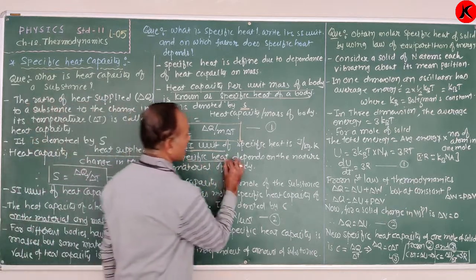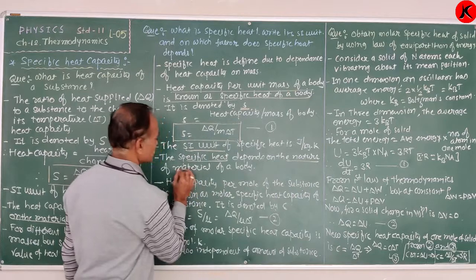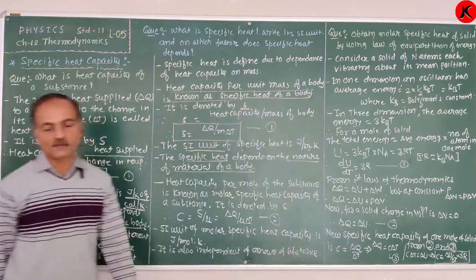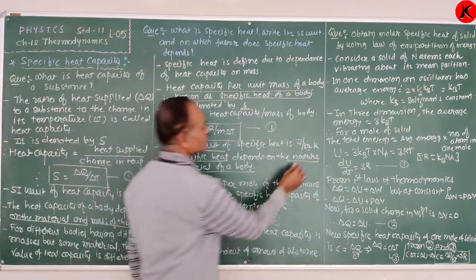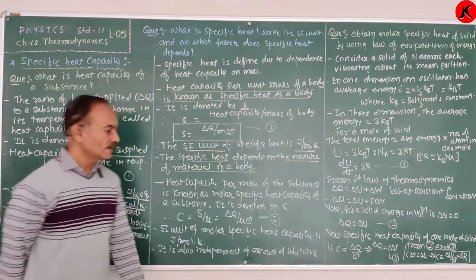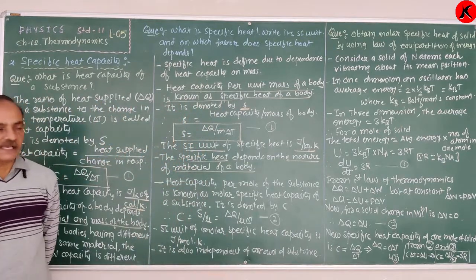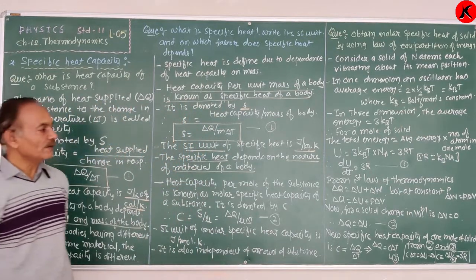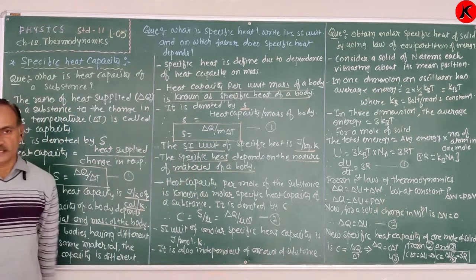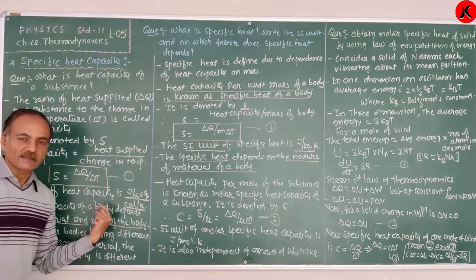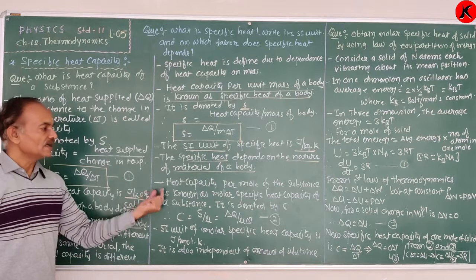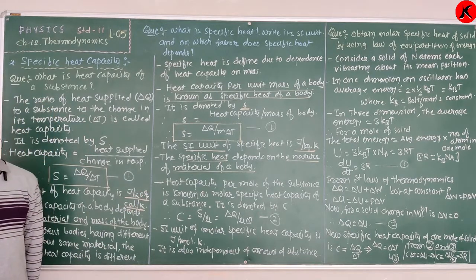The specific heat depends on the nature of material of a body. SI unit is joule per kg into Kelvin, and specific heat depends only on the nature of material, while the heat capacity depends on mass and nature of material.